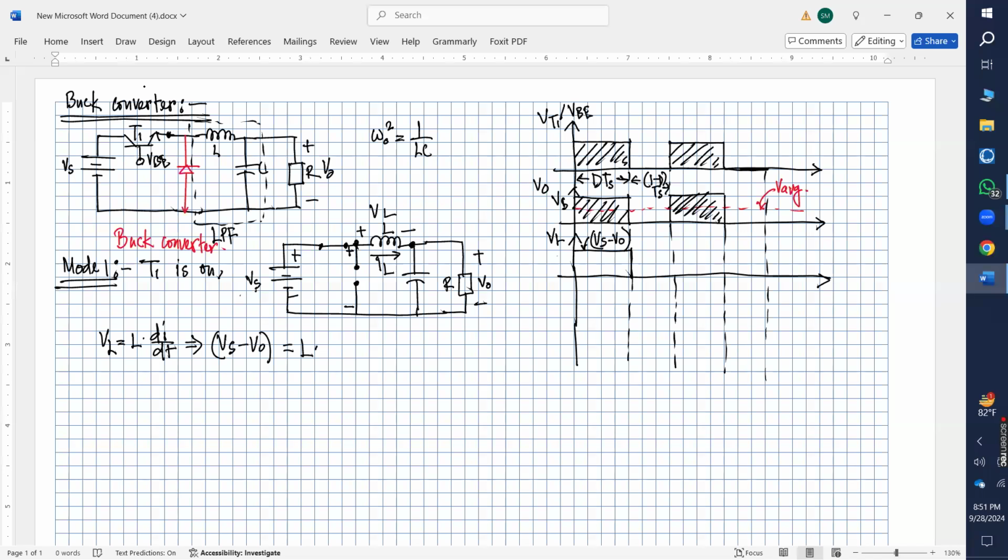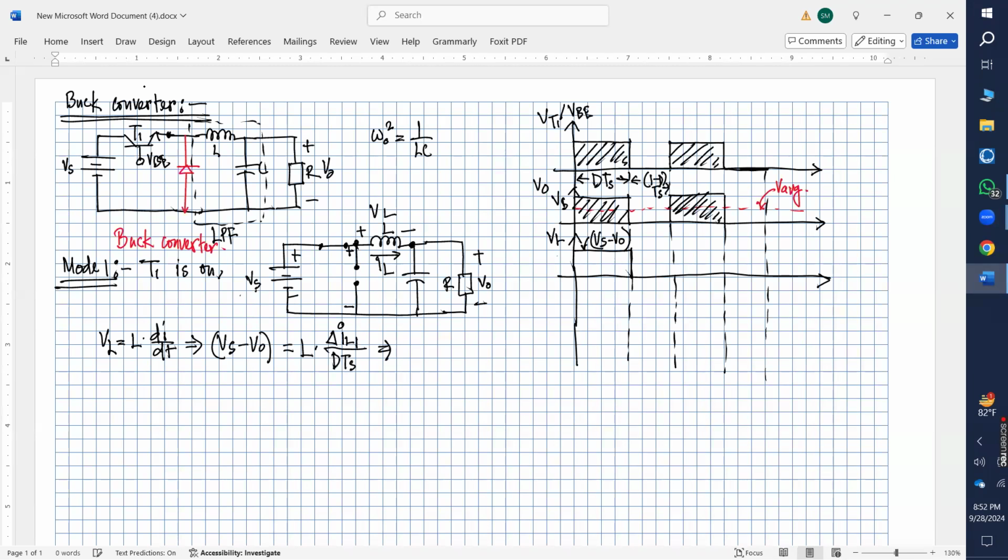Since we are putting positive pulses across the inductor, it will charge up and the current through the inductor will increase. So we are considering the current change during that time, del IL1, and the duration for this is D multiplied by Ts, right?